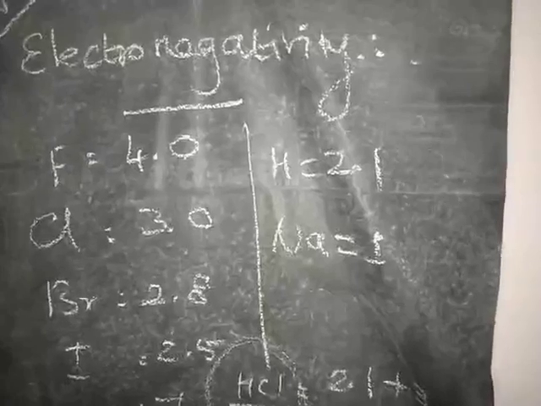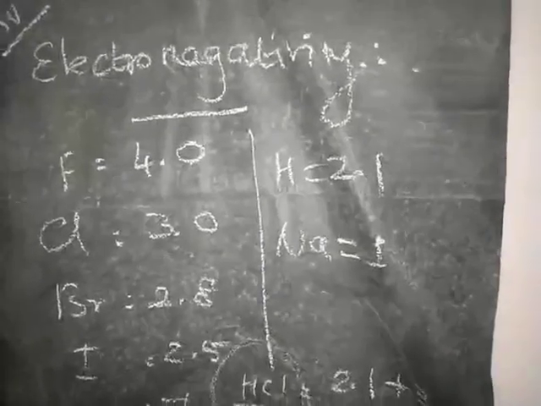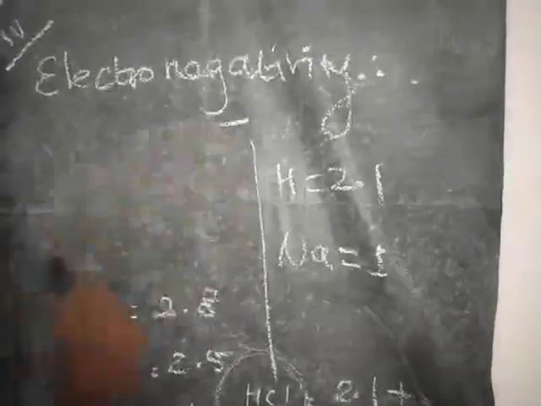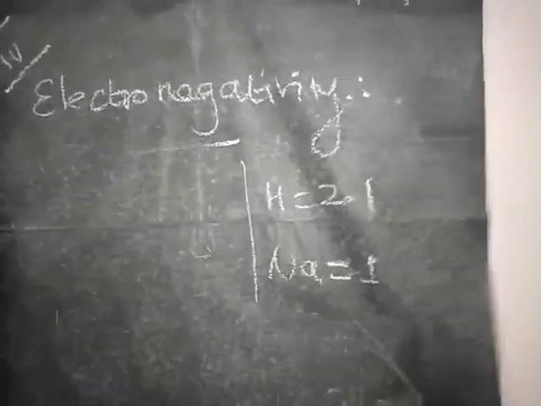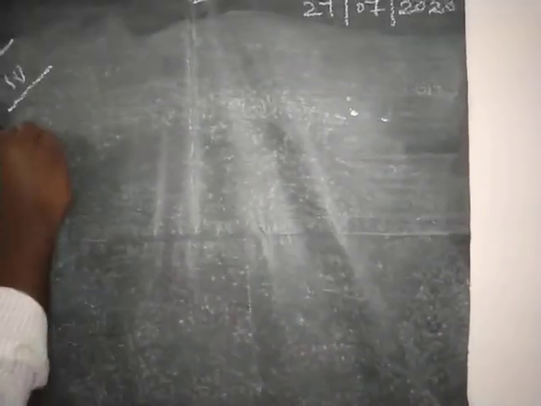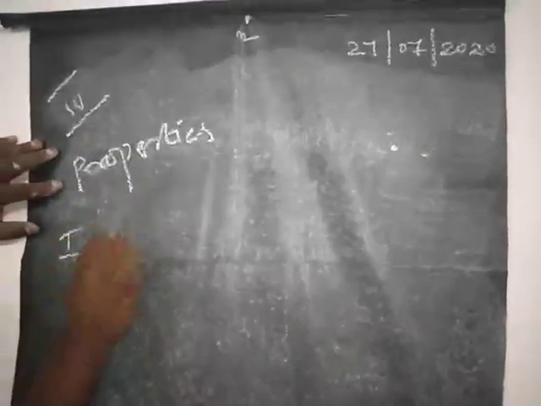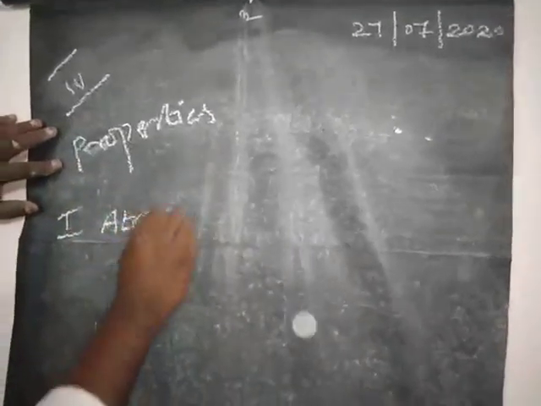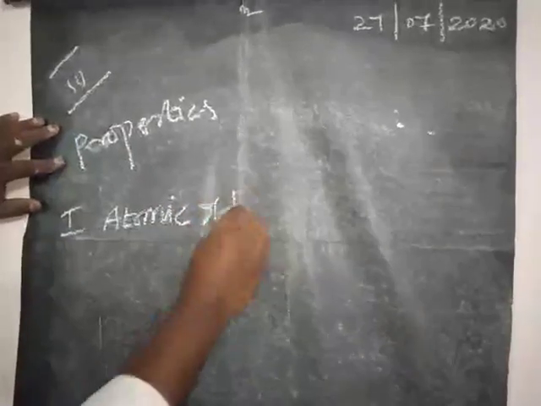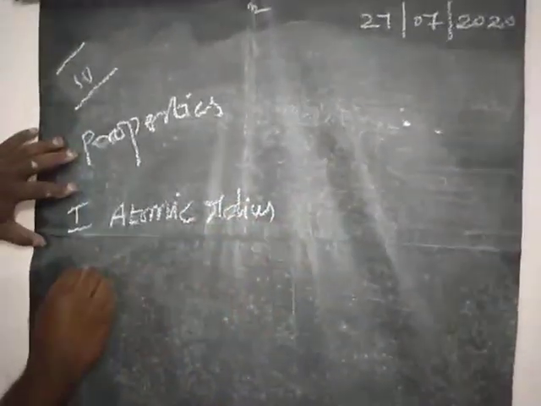So that's all. Now we will see the comparison of the period and groups. Properties: first one, atomic radius.